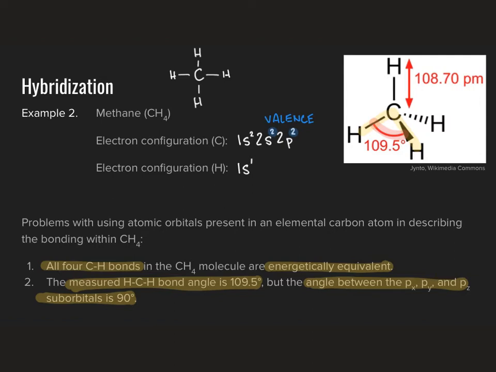And if I somehow think to myself, well, maybe I can just move some electrons around and use that s orbital as well as the p orbitals in order to form my overlap, if that were the case, then I would end up with differences in terms of the bond energies because an s orbital electron is held more tightly than those p orbital electrons. So it seems like everything about this atomic orbital model isn't going to work for what's going to need to happen when we form an actual molecule here.